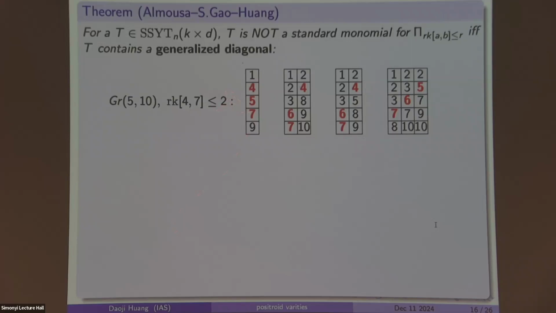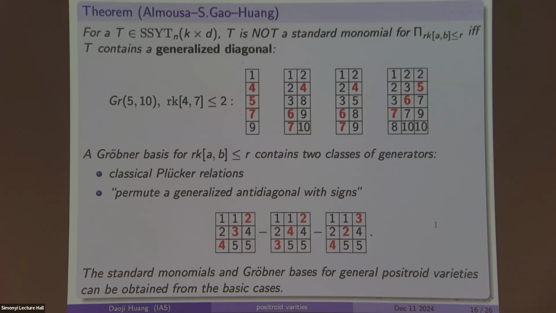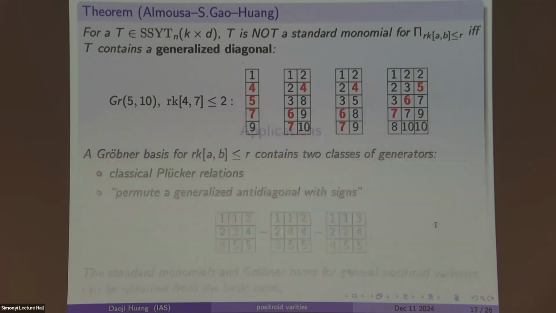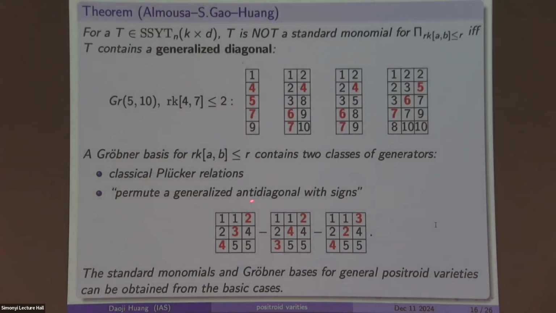Okay, so if you are a semistandard tableau and you don't contain one of these, you are a standard monomial. So a Gröbner basis for this particular interval rank condition contains 2 classes of generators. Of course it will have to have the Plücker relations.